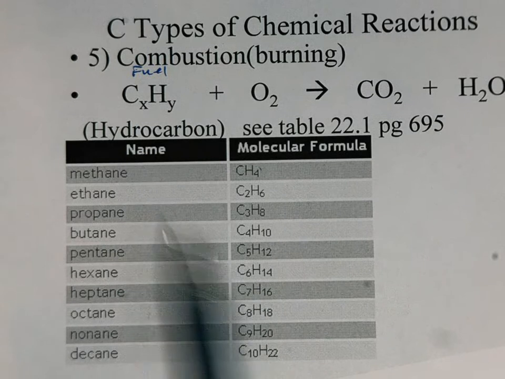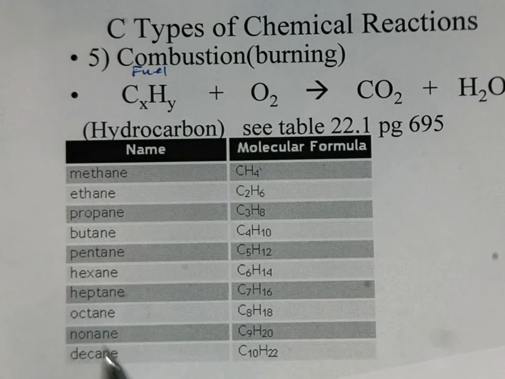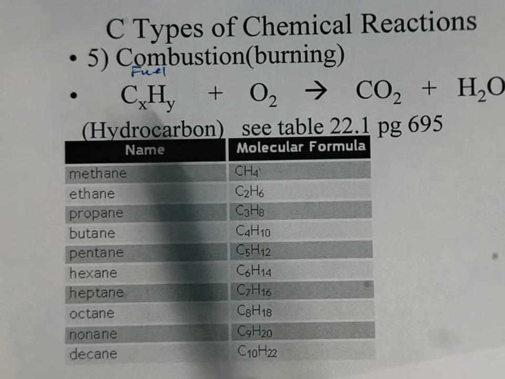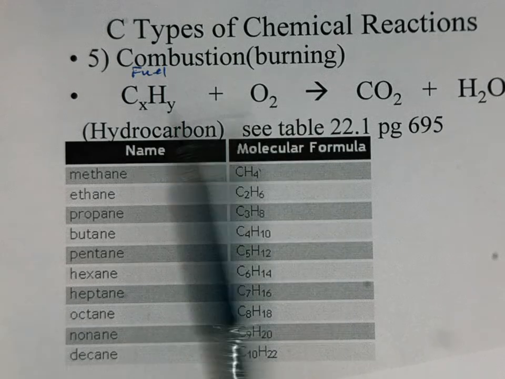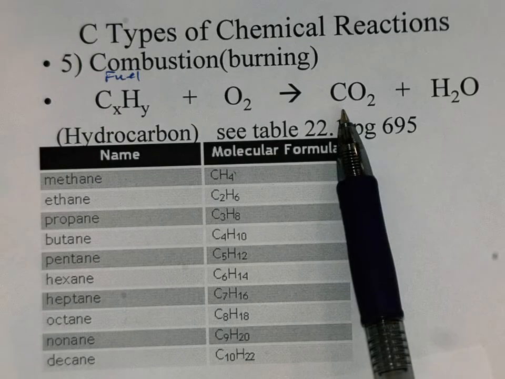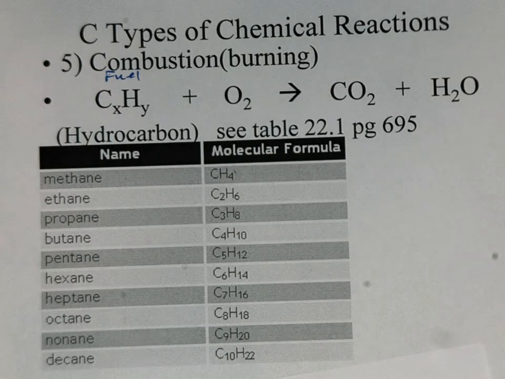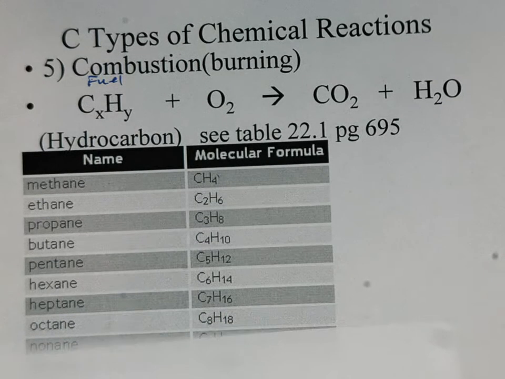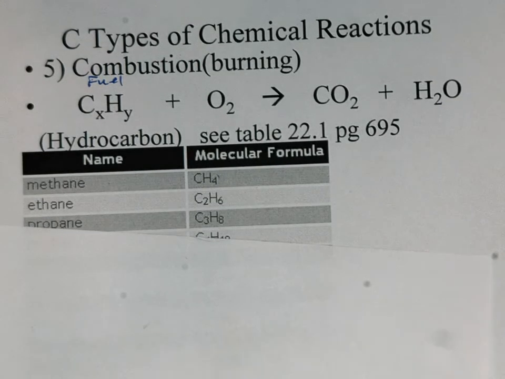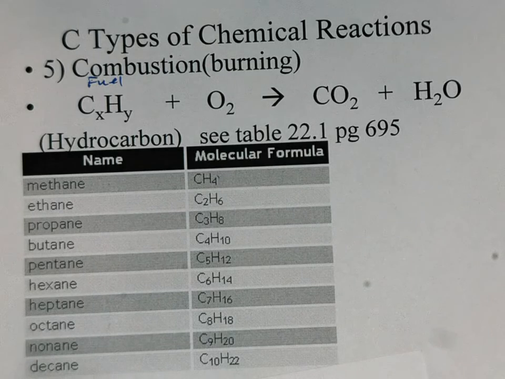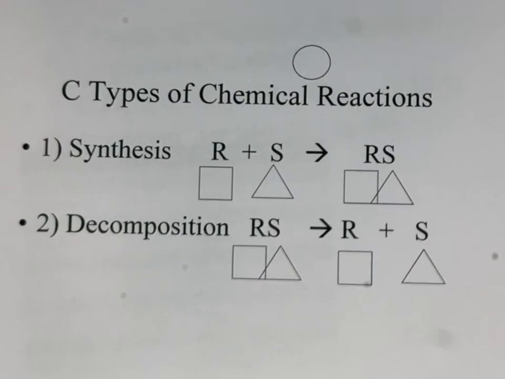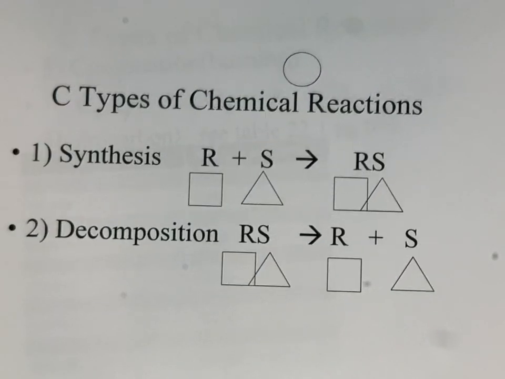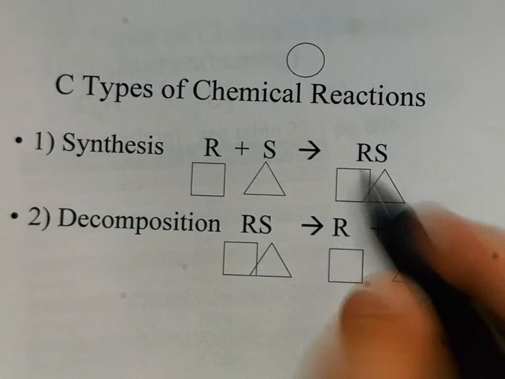But the main thing is that with a combustion reaction, you're burning one of these hydrocarbons, and you're going to end up getting CO2 and water out of there. And so there you go. When we have these types of reactions, you will need to be able to identify: are you combining two smaller elements or compounds into a new compound?